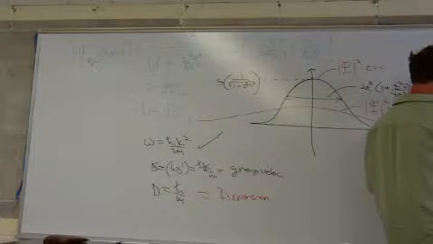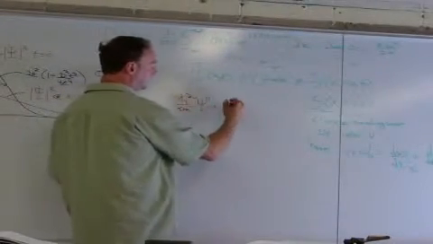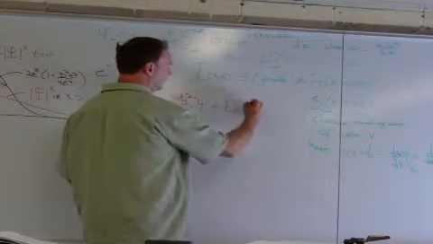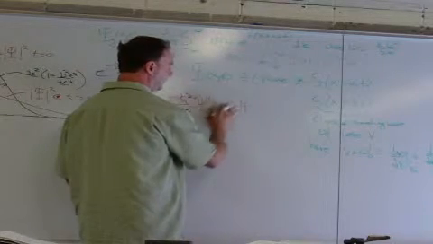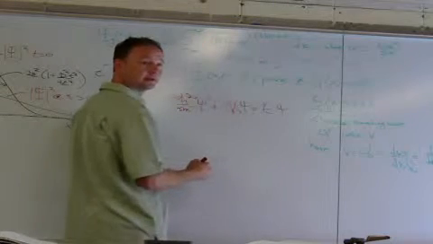Well, here's what you do. You start out with minus h bar squared over 2m psi double prime plus V times psi equals E times psi, right?